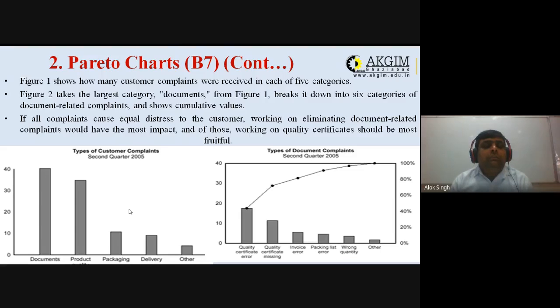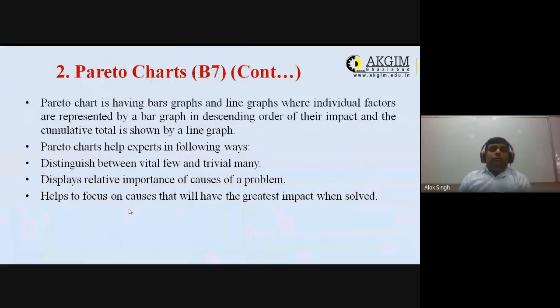If all the complaints cause equal distress to the customer, working on eliminating document related complaints would have the most impact, and working on the quality certificate should be most fruitful. So first work on this quality certificate error related issue, and after that you should eliminate the other errors or other causes based on the Pareto principle. So this is the basis of the Pareto principle.